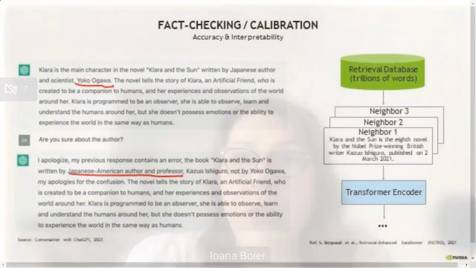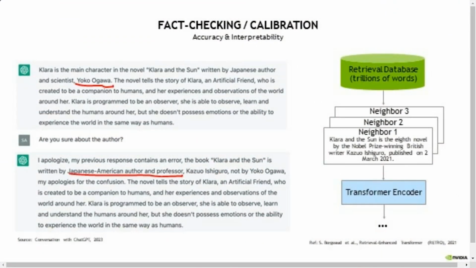So now that you have, let's say, a fine-tuned model for a particular task, let's say it's question answering or something else, then comes the question of how good the model is at responding with not only plausible responses, but actually calibrated or fact-checked responses.